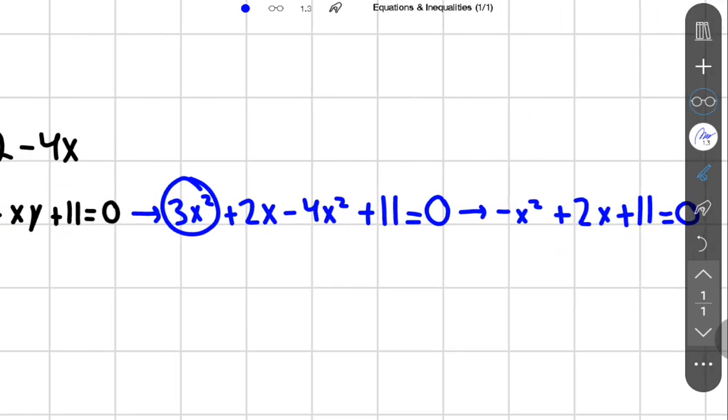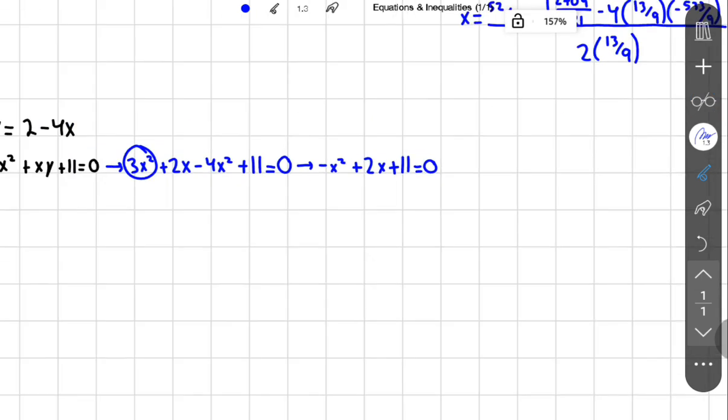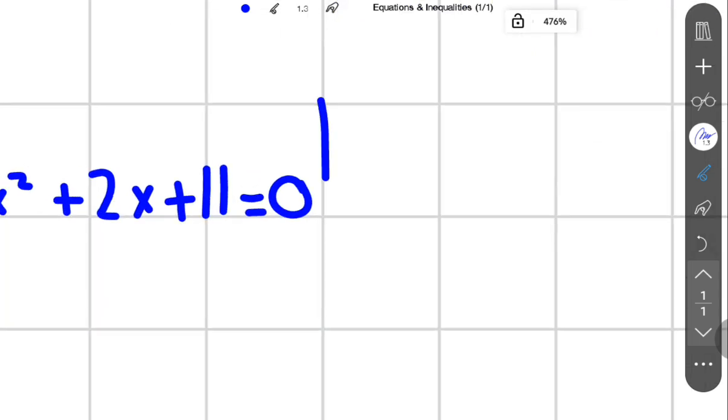And we could obviously just solve it straight away. We could either just use the calculator or we could use the quadratic formula. But it wants our answers in surd form. Okay. Let me just write the quadratic formula.